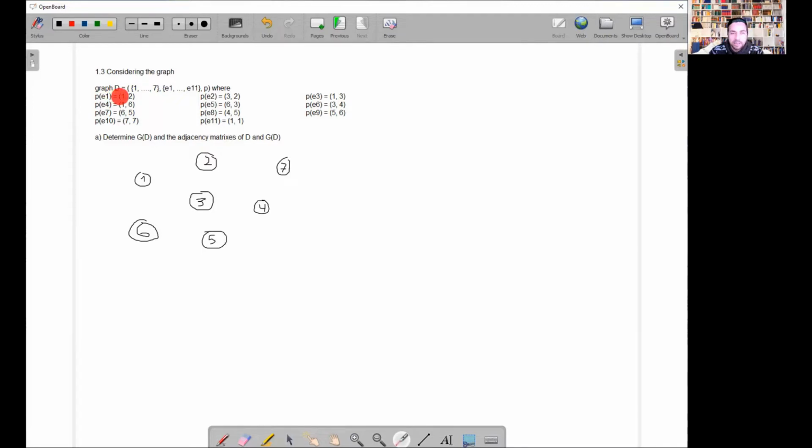So the first link, E1, links the nodes 1 and 2. So we draw a link between 1 and 2, right? And this is E1.